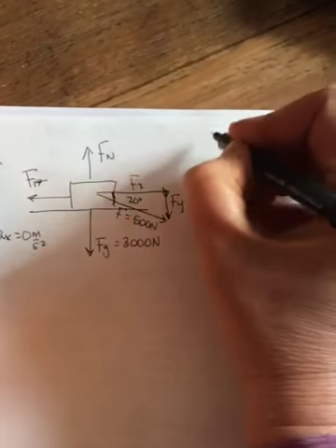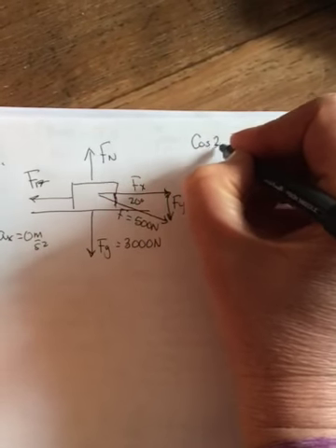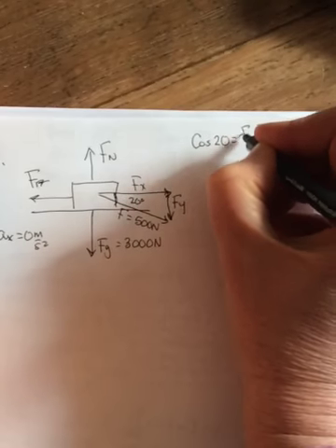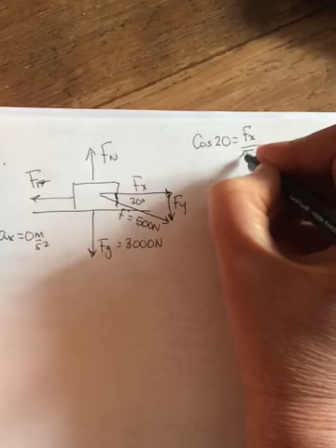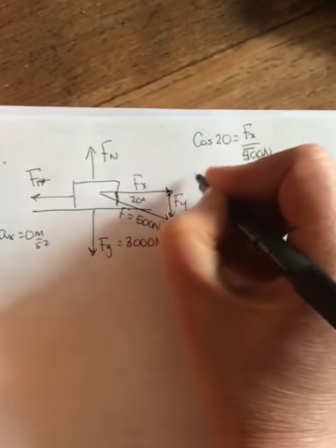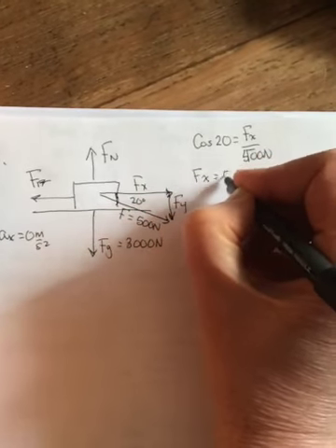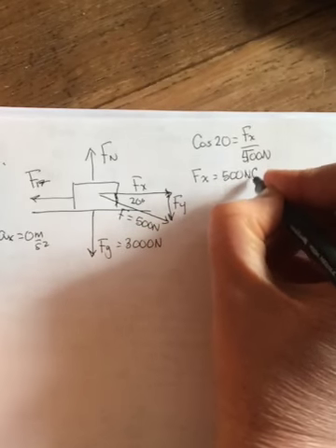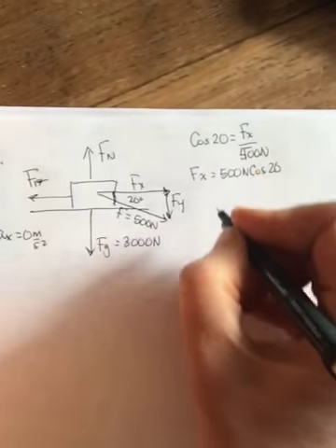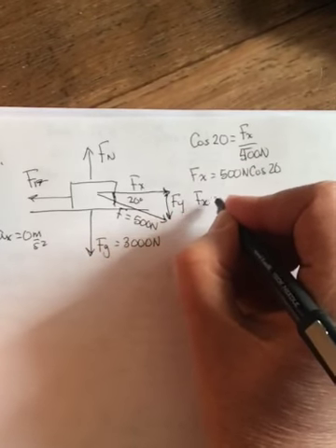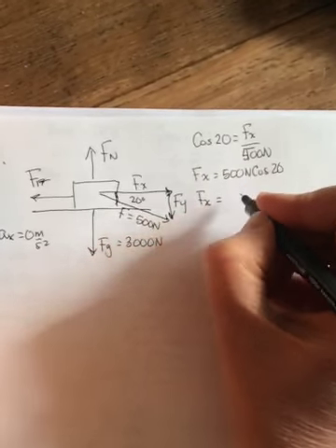X is the adjacent side, so cosine of 20 is equal to Fx over F, which was 500 newtons. So Fx is equal to 500 newtons cos of 20. Which is not going to be a really pretty number because 20 is not as nice as 30 when you take sine and cos.